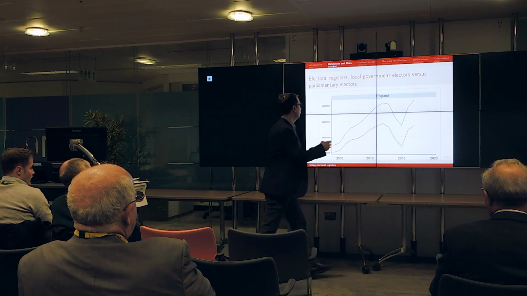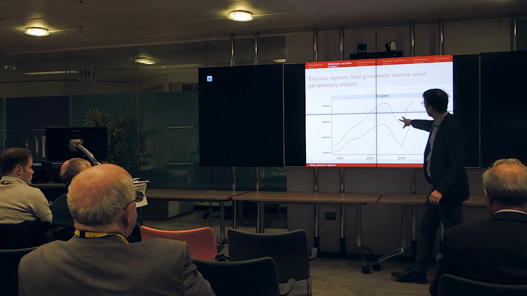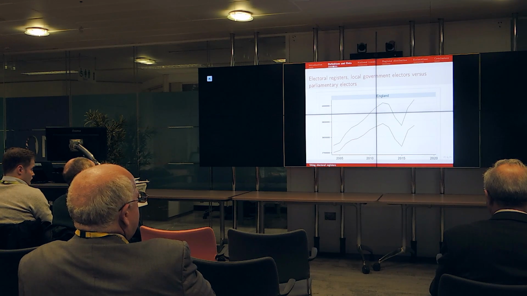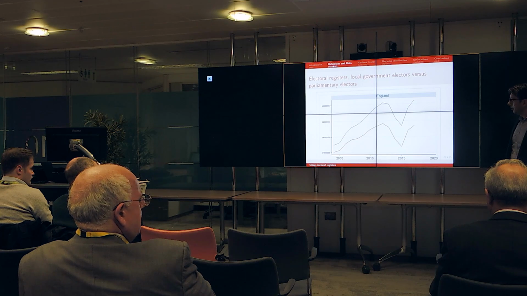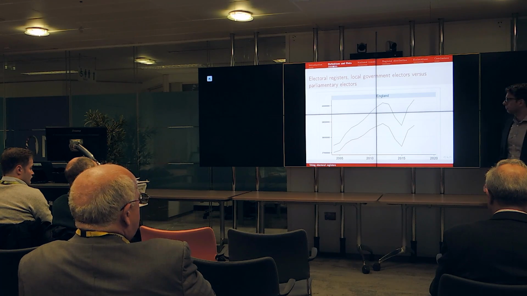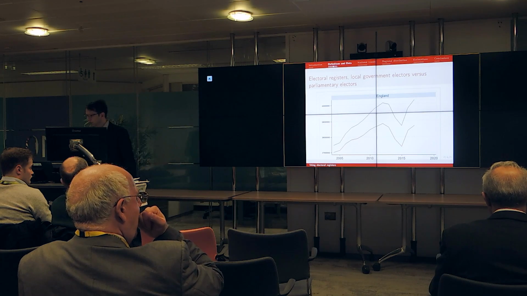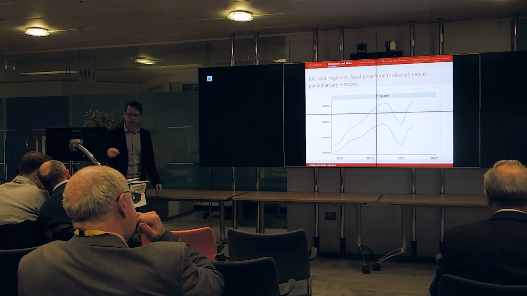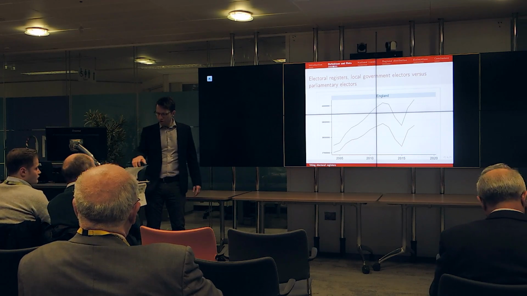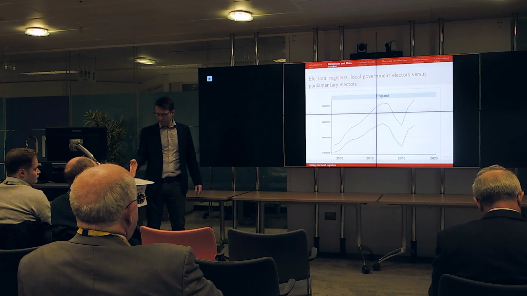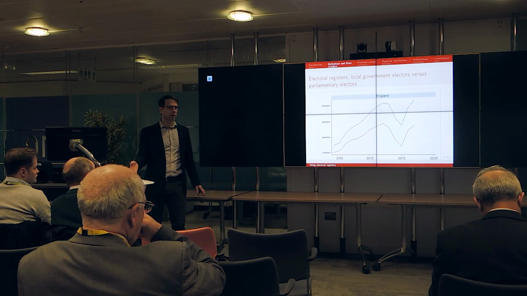So basically, you've got the difference between those two curves, which are people who are recorded as being from the European Union. And that's the measure we're using at the moment. Obviously, we would like to have access to the data on nationality, because there is a nationality recorded there.